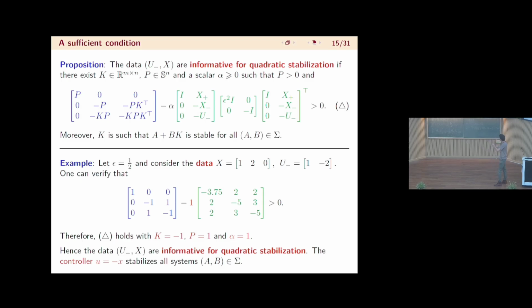What I'll do in the next slide is reformulate this inequality as a linear matrix inequality, and that we can solve. That's using just a Schur complement argument, but we'll see that. So how to solve this matrix inequality is still a question, but I want to address that.